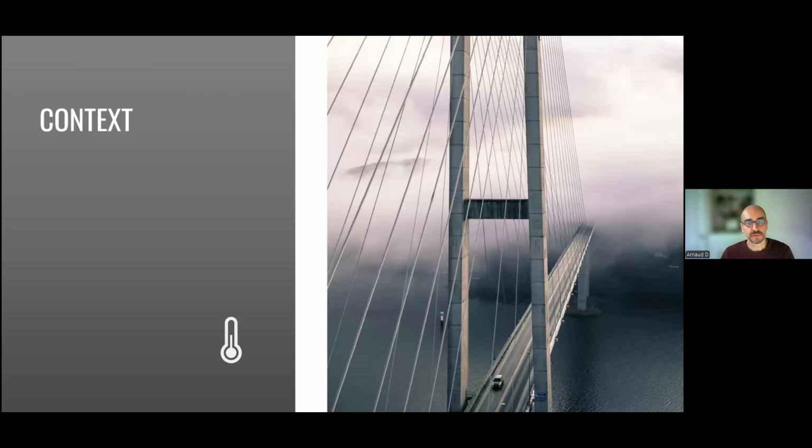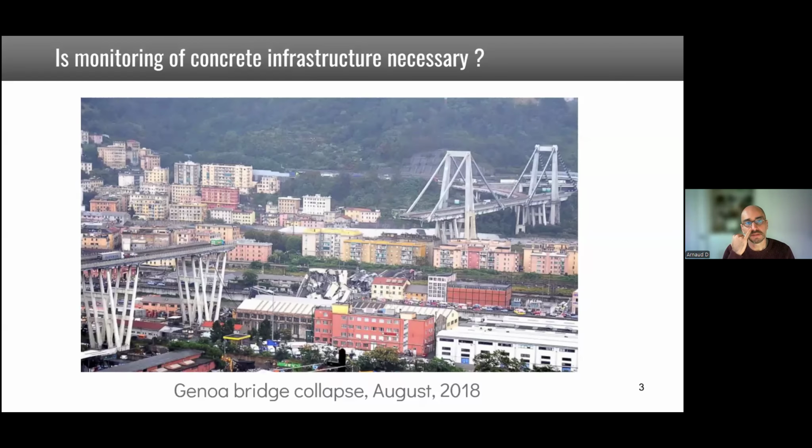So the context, of course, you know that SHM is necessary because we have problems like the collapse of this bridge in 2018. We have similar problems with aircraft and different types of infrastructure. But of course, the problem when you put an SHM system is the robustness of this one.